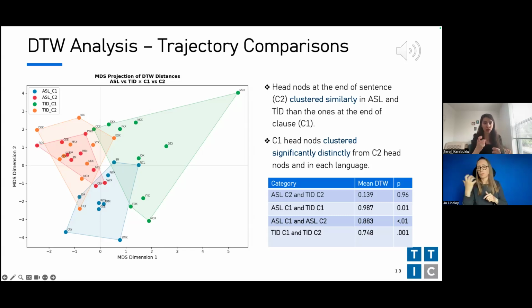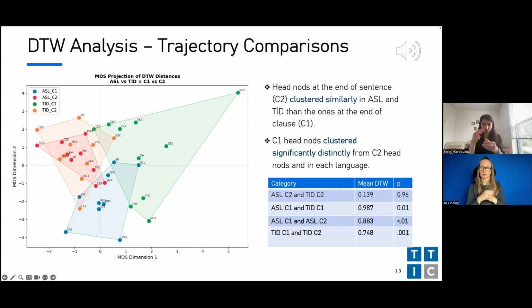Green is TID, first head nod, and orange is TID, second head nod. The circles show the mean of each participant, and the area is where all these participants group together for that specific head nod.